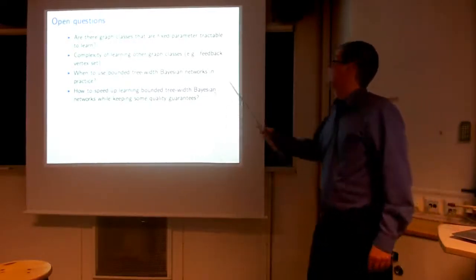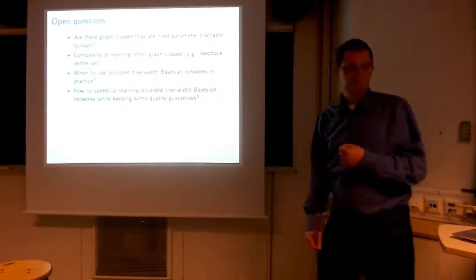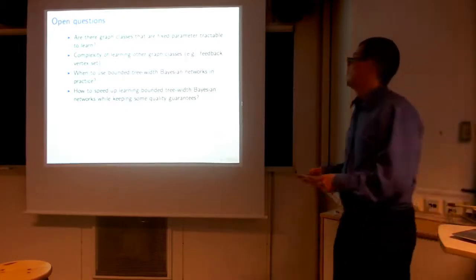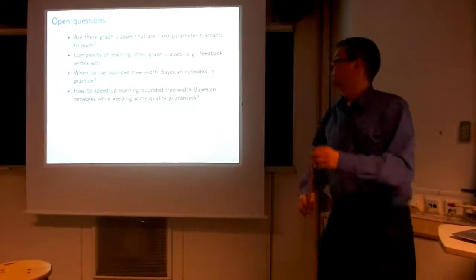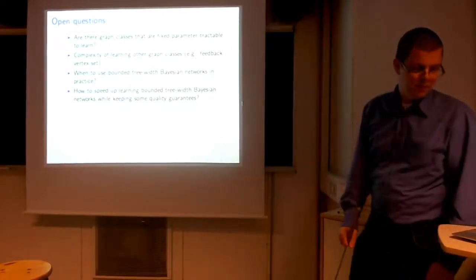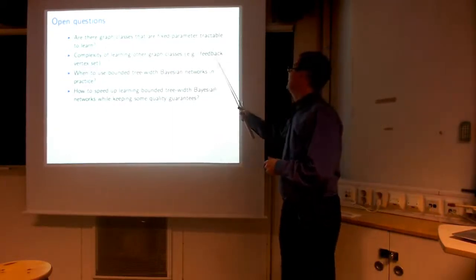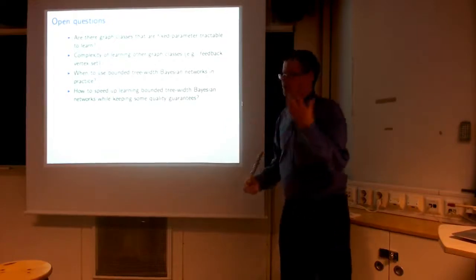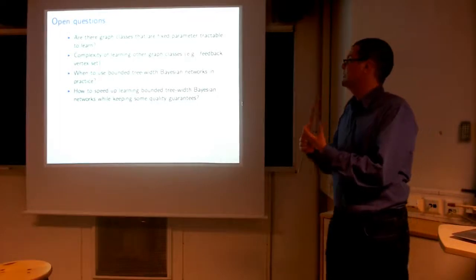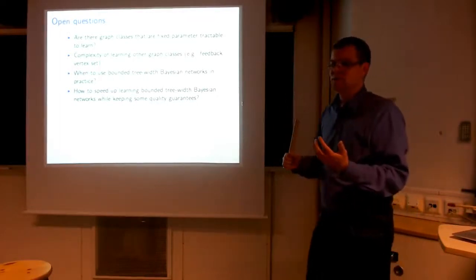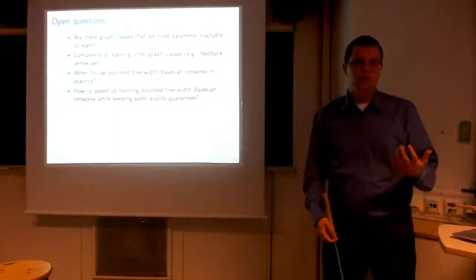Then there are also questions about the overall complexity landscape of these graph classes. One interesting class is the feedback vertex set, which lies between bounded vertex cover and bounded tree width. You again have a core that can be dense, and when you remove it, the rest of the graph is a tree, and we know that a tree can be learned in polynomial time.